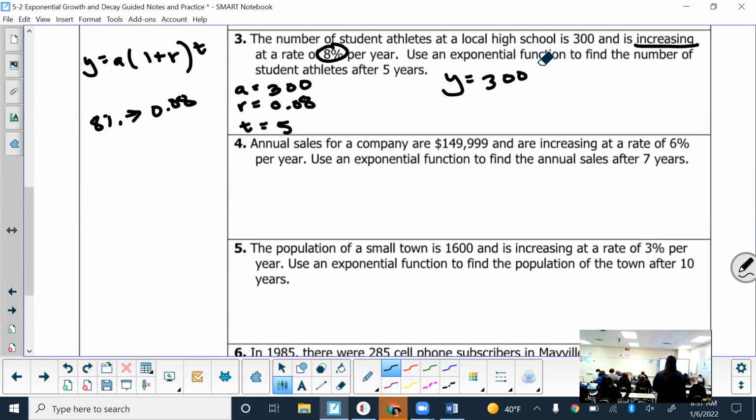So 300 parentheses 1 plus the growth rate and to the t power, so 5. Don't make your life harder, put it into your calculator.